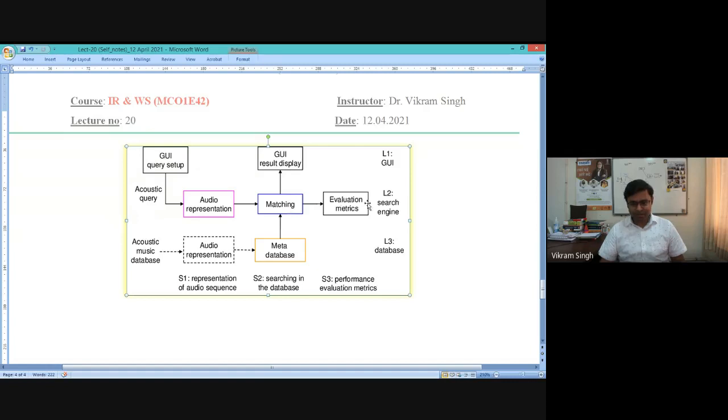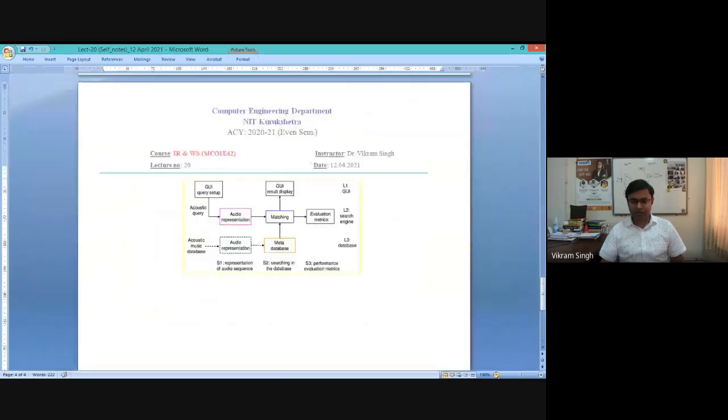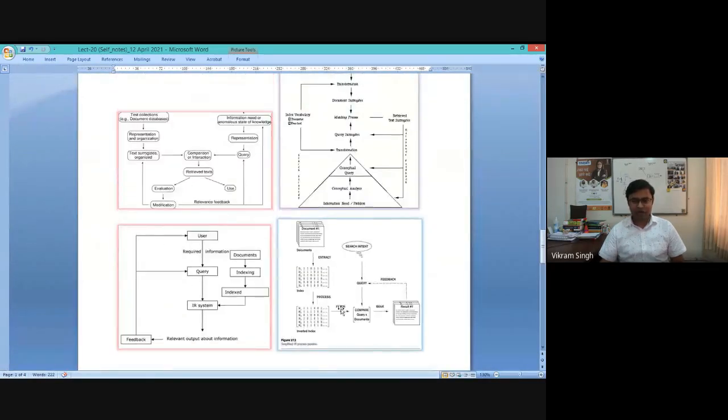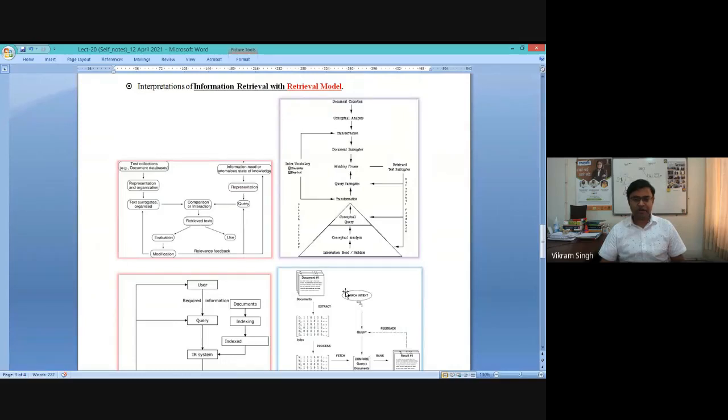Naturally, some metrics are captured whenever a matching is performed. So this is a typical layout, or typical conceptual view, of a retrieval model you can have.